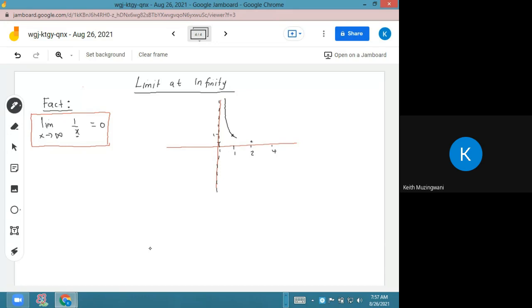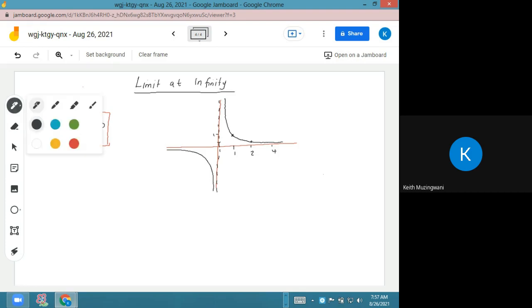So when you are sketching it, it comes out this way. It's getting closer to 0, but you never touch there, because when you're about to touch 0, it becomes undefined. The same thing happens if x is going to negative infinity, so you still get 0.